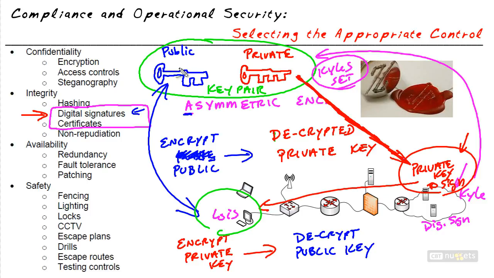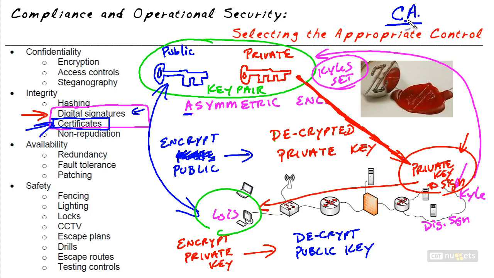And one of the methods that can be used to distribute public key information, for example, Kyle's public key, is to include that public key information in a digital certificate right here. So what Kyle could have done beforehand is create a public-private key pair right here. He would have enrolled with a common trusted certificate authority, for example, GoDaddy and others that are out there on the internet.